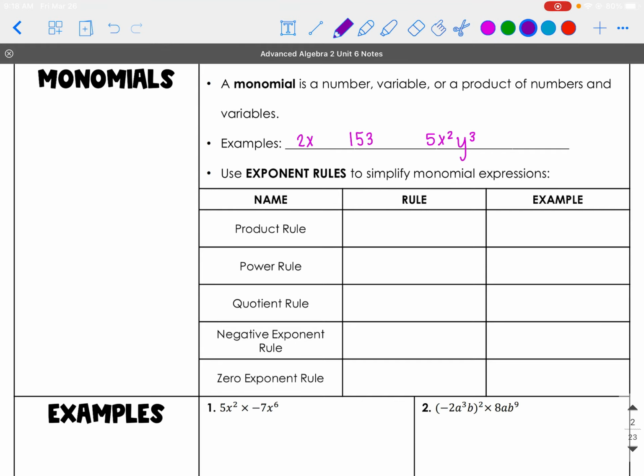So for example, the first one is the product rule. If I have x to the a power times x to the b power, if you're multiplying variables, you add the exponents. So for example, if I have x to the 5th times x cubed, that is x to the 8th power.